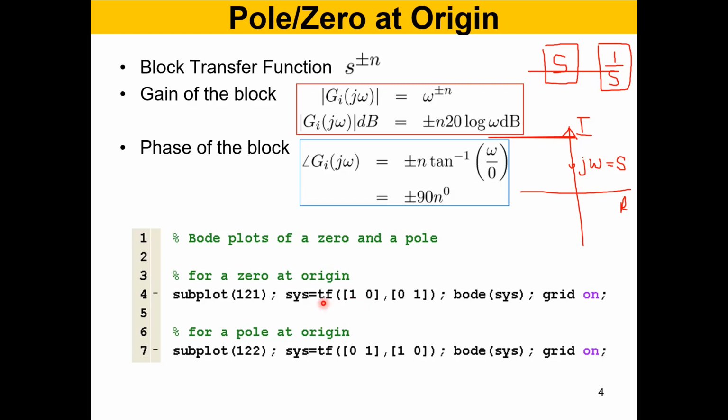When you use the transfer function command in MATLAB, it has two arguments, the first one and the second one. When you have first one 1, 0, what does it mean? S. It is s. This is s plus 0. The denominator is 0, 1. 0, 1 means basically 1. You need to have the same order here and here. That is why you have the leading 0 here.